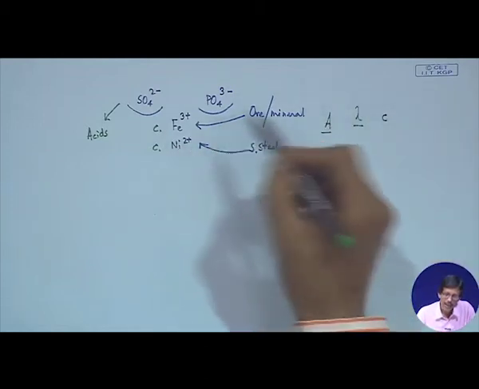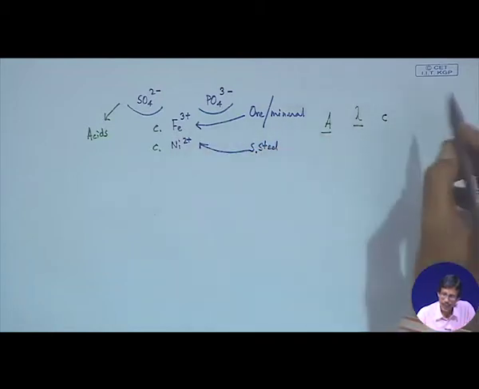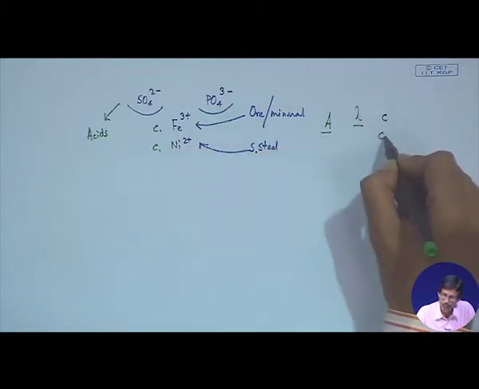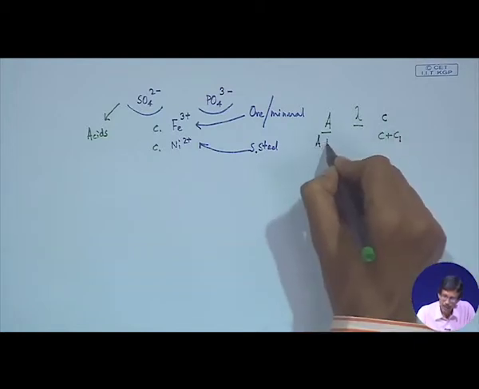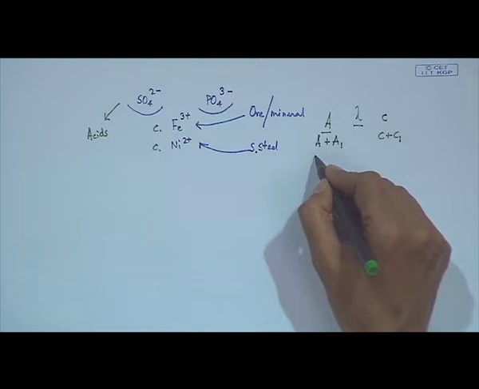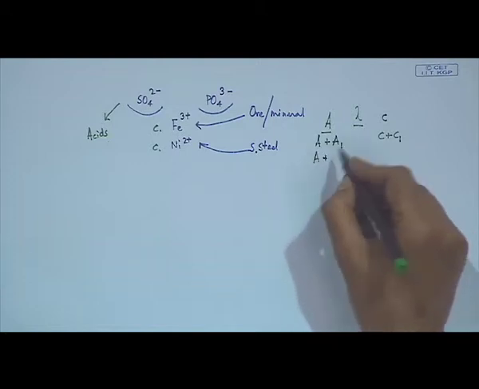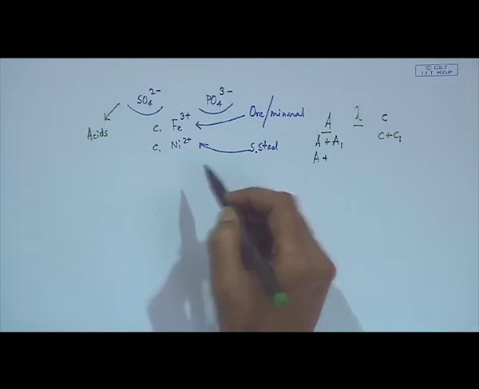Now, if we add any known concentration of this particular iron or nickel, C becomes C plus C1. So, we know that the absorbance will be A plus A1. And again we can add another incremental amount of the standard solution, which has been prepared from a standard metal ion solution like nickel sulphate or ferrous sulphate.